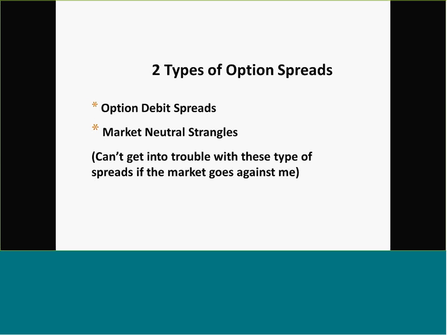There are two types of option spreads that we trade: option debit spreads and market neutral strangles. You can't get into trouble with these two types of spreads. If the market goes against you, the most you can lose would be the cost of the spread. I actually trade these in my retirement accounts.